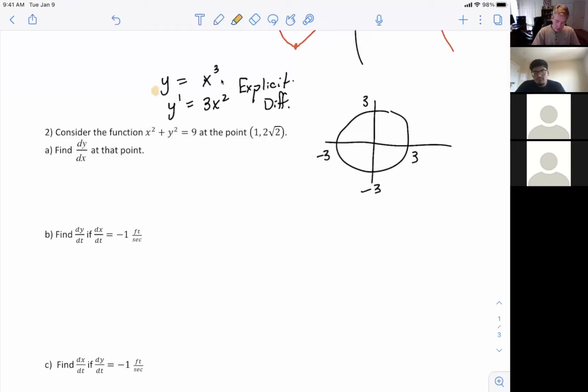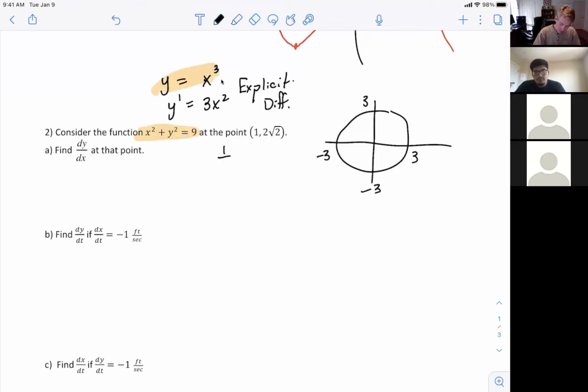Because right here, I explicitly was able to solve for y. The way that this one is, I didn't solve for y, so this is an implicit function.